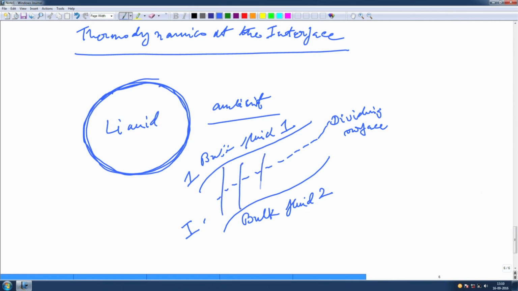This interfacial region can be very thin.